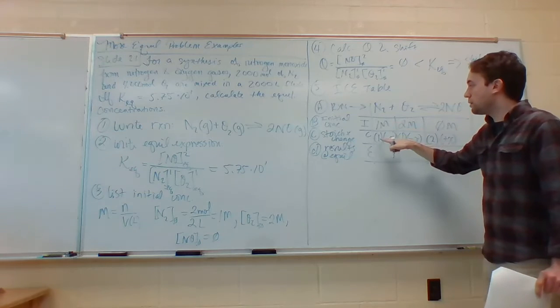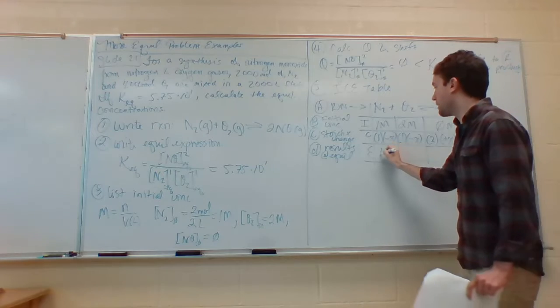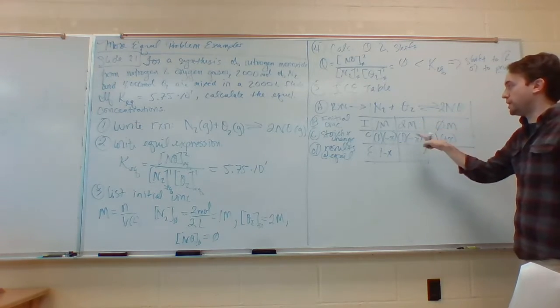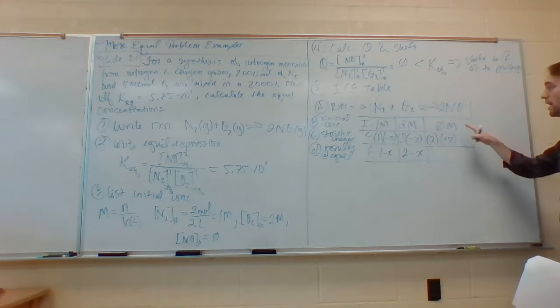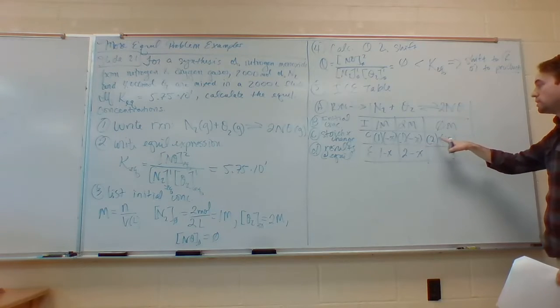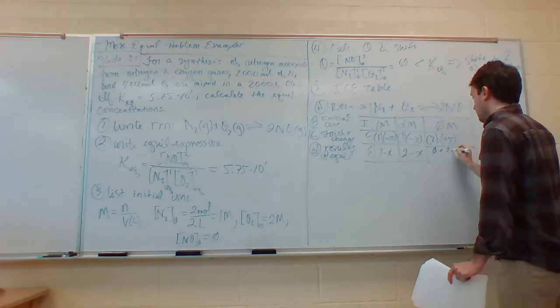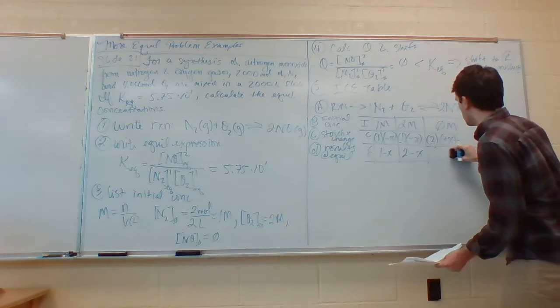So we've got 1 molar plus 1 times negative x, so 1 minus x, right? Then we have 2 plus 1 times negative x, which is 2 minus x. Then we have 0 plus 2 times positive x, so that's 0 plus 2x. Well, 0 plus 2x is just 2x.